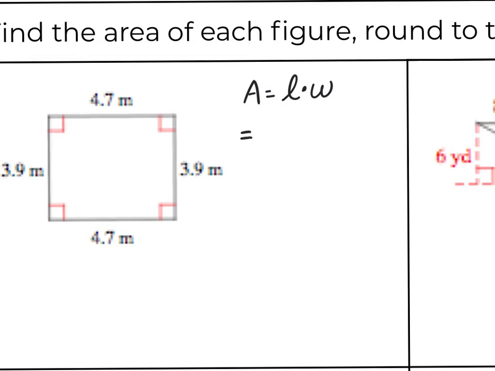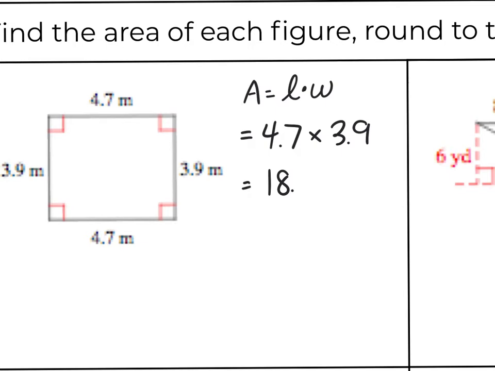So what is the length here? Technically, I always think L for longer. 4.7. You're probably gonna see I do a lot of times with an X on this unit because there's so many decimals that I don't want you to get confused between the decimal and the times. And the width is 3.9. Okay, what'd you guys get?